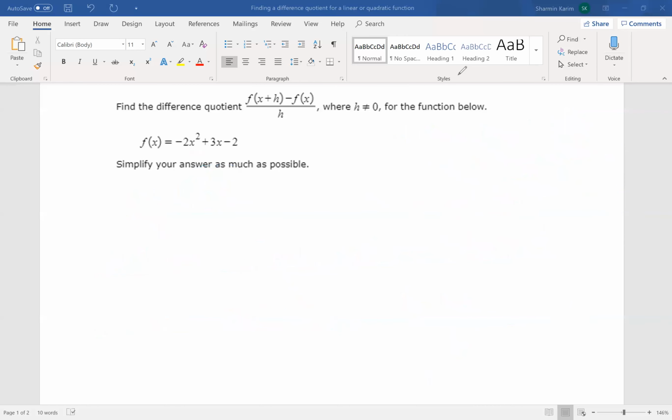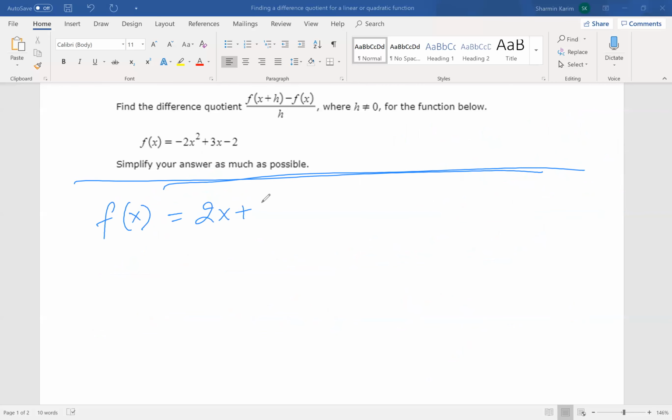Now quickly, I will show you one linear function, since you are getting linear functions also for this question. So let's say f of x is 2x plus 3, and we are calculating f of x plus h minus f of x over h.